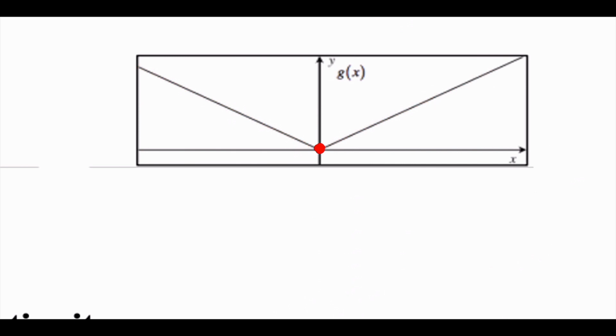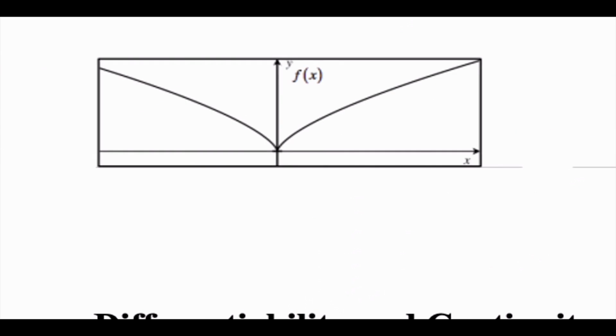Because of that, we say at that red dot, it's not differentiable. Same thing here. The derivative here is negative, but at this point here, it changes from negative to positive at a cusp point. So because of that, we say it's not differentiable.